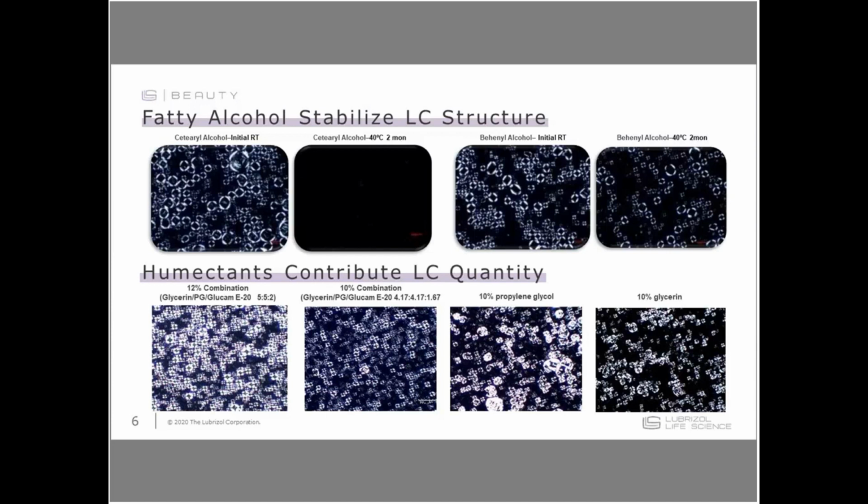So the most left image with a total of 12% glycerin, propylene glycol, and Glucam E20 shows the most liquid crystals. Even a combination of glycols at 10% adds more sites for hydrogen bonding than using 10% propylene glycol or 10% glycerin alone.